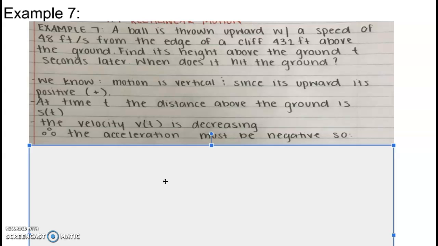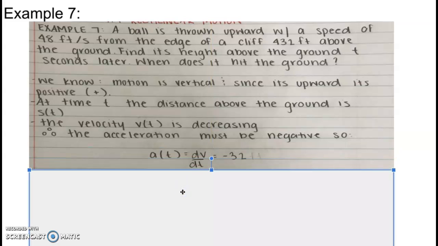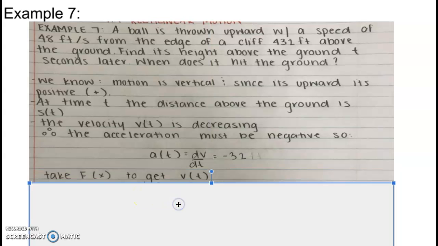Now that we have our acceleration, we can write our equation as a of t equal to dv over dt, the derivative of v in relation to time, equals negative 32 since we are using feet. We're going to take the antiderivative to get v of t.